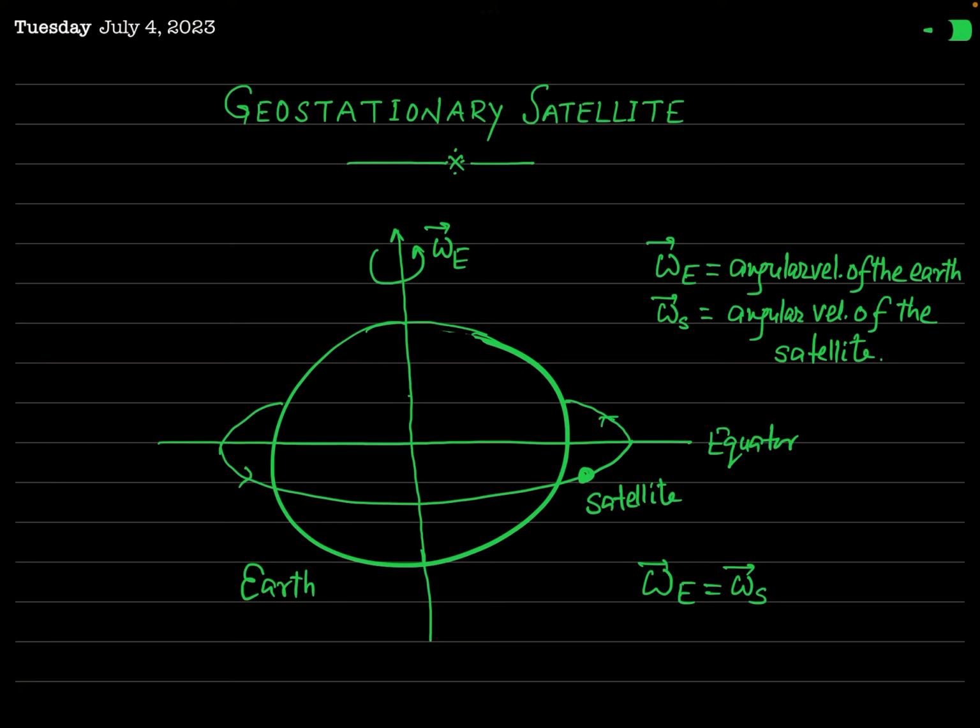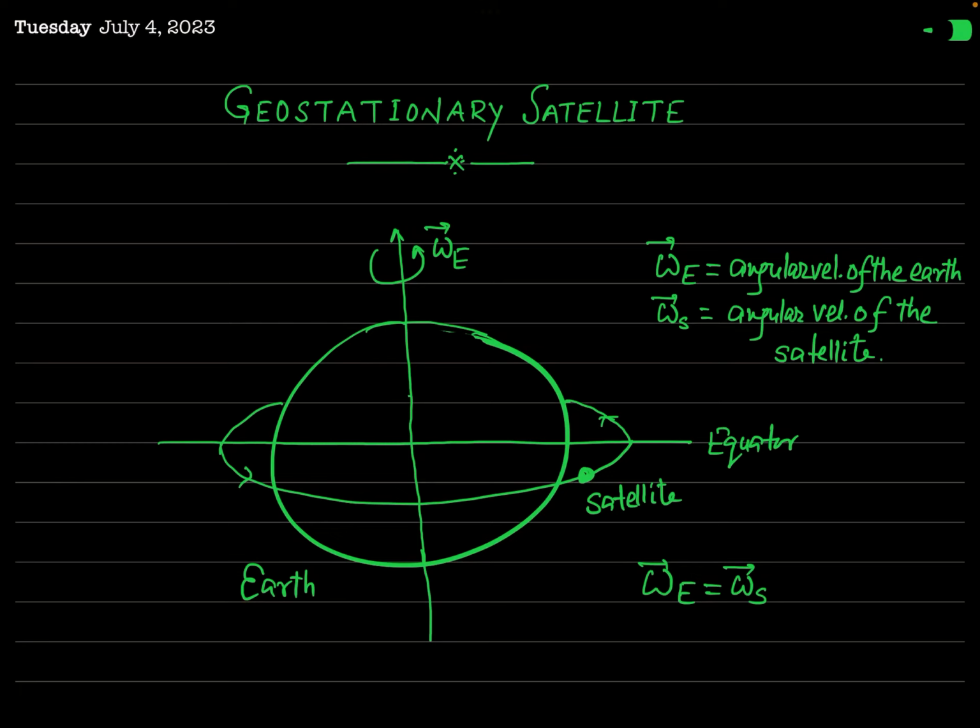So definitely this geostationary satellite will have the same angular velocity as the angular velocity of the earth's rotation. Or in other words, the time period of revolution of this geostationary satellite must be equal to the period of the Earth's diurnal rotation, which is 24 hours.